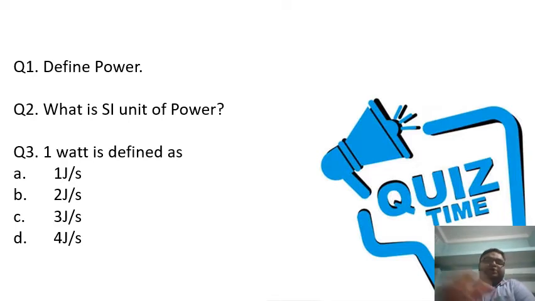So there is a quiz for you. The first question is: define power. What is power, students? I'm giving you 10 seconds to think about it. Power can be defined as the rate of doing work.